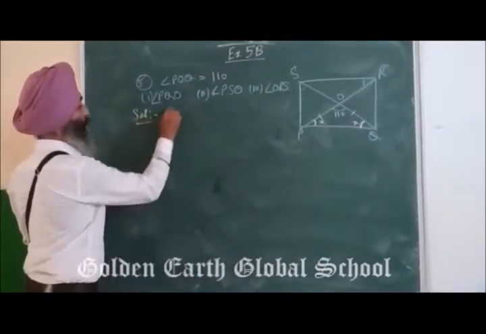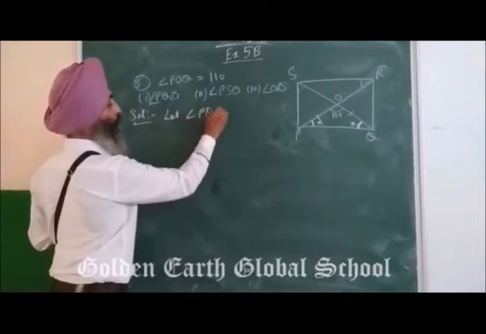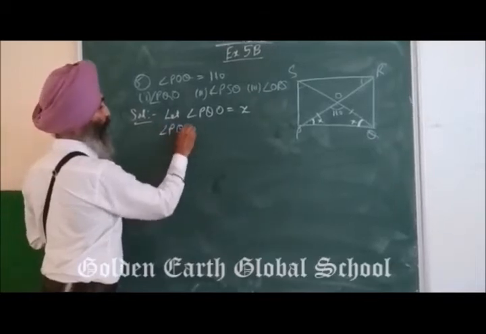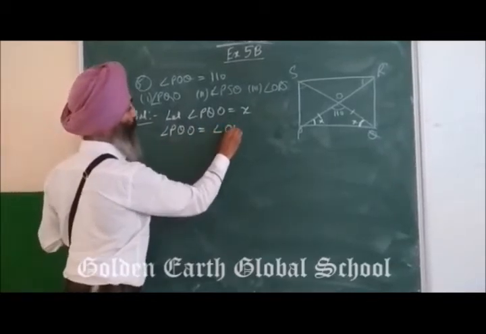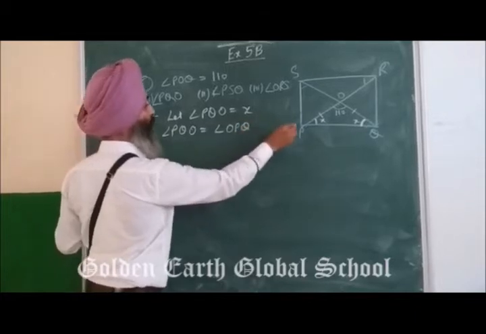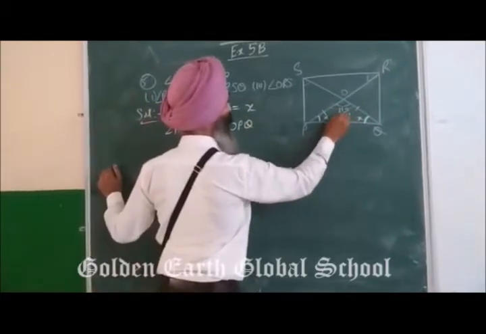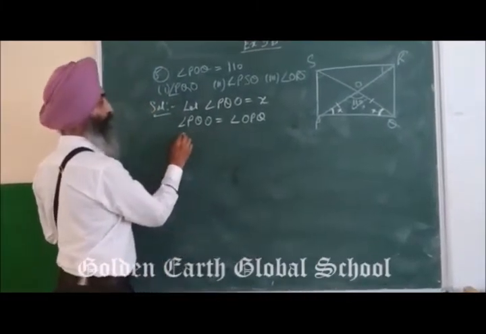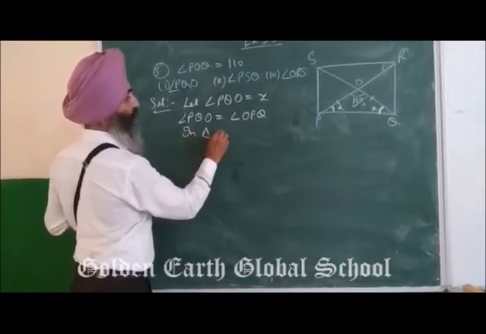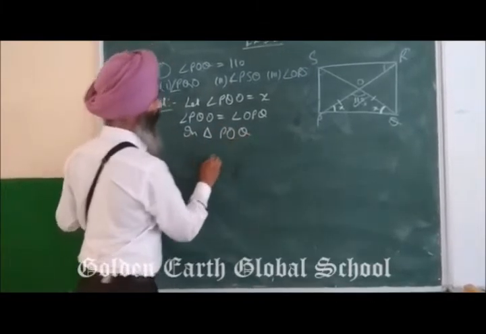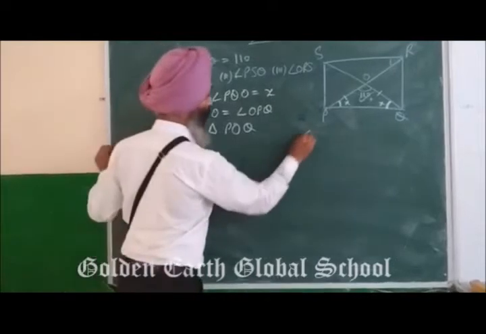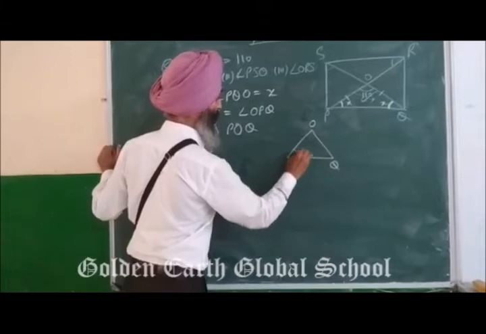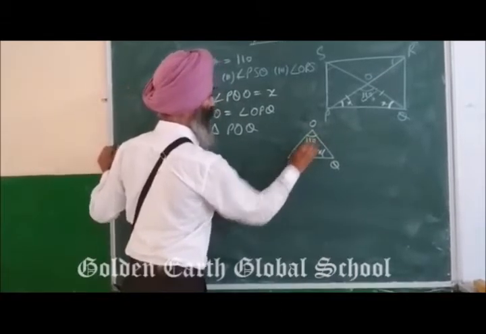Solution. Let angle PQO be equal to x, but angle PQO is equal to angle OPQ, because the diagonals are bisected, half diagonals. Okay. So therefore you can say that in triangle POQ, angle OPQ is x, angle PQO is x, and this is 110.